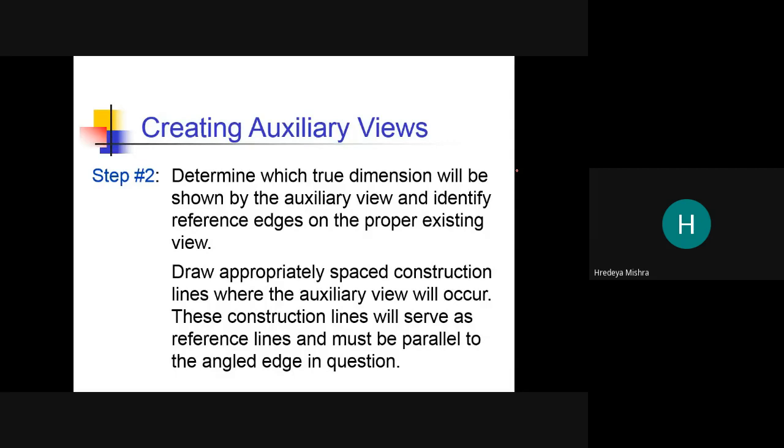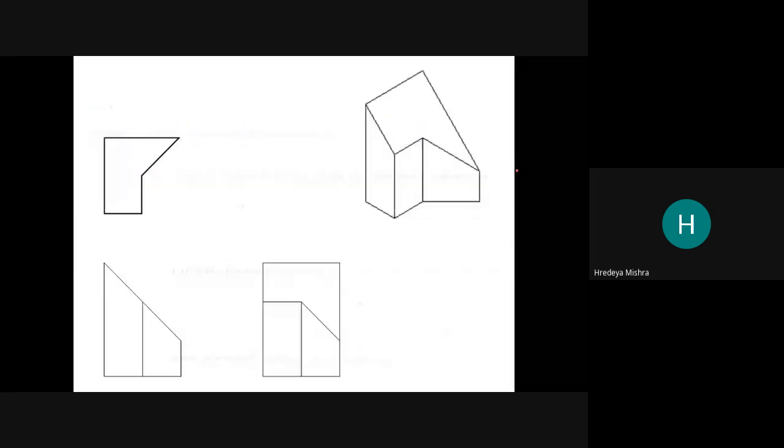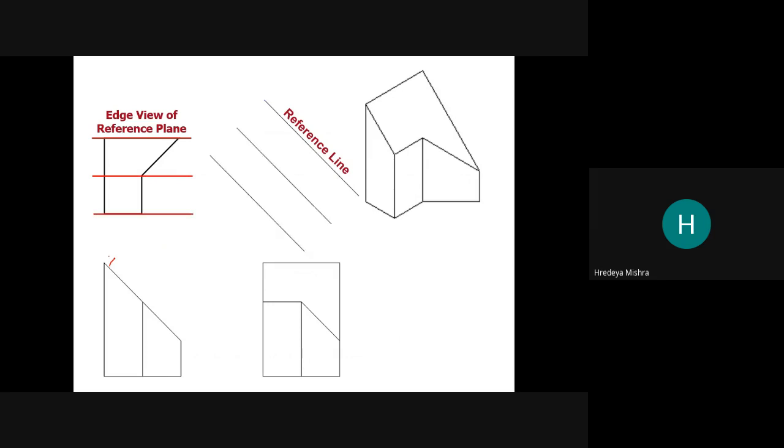These construction lines will serve as reference lines and must be parallel to the angled edge. Now see, this is the reference line, which is parallel to this line. So we can draw the reference lines. We can start from anywhere, from this line to this line, anywhere.